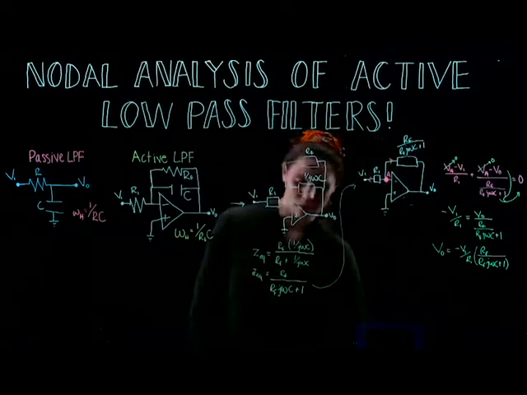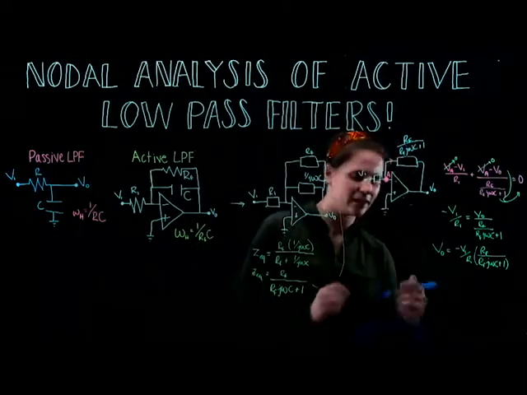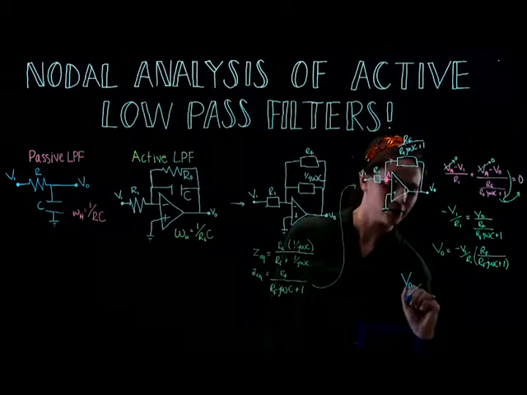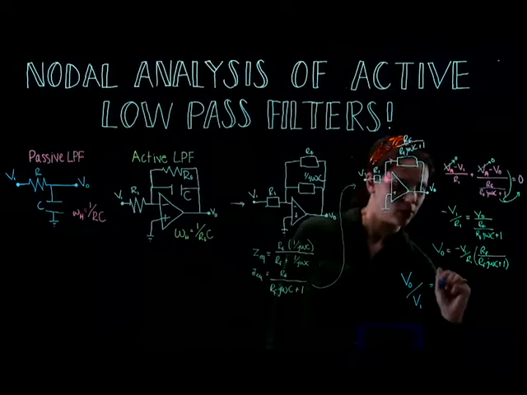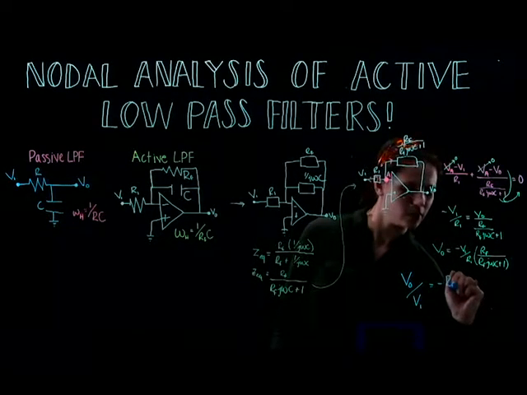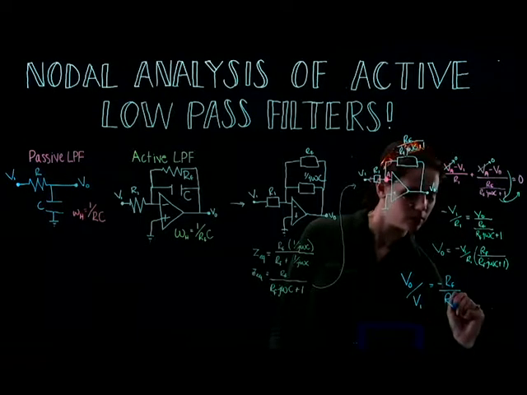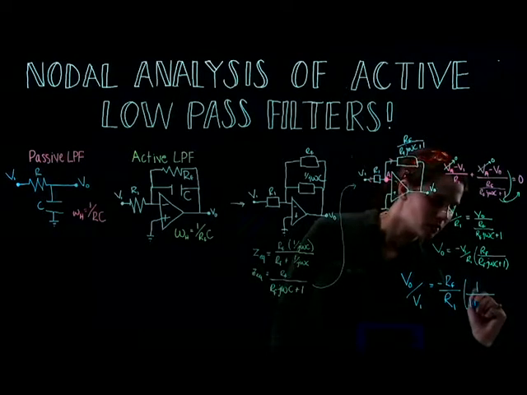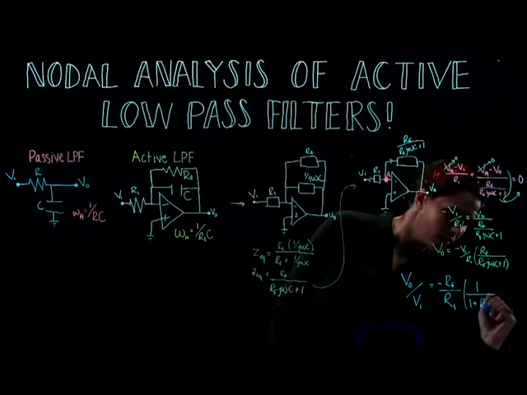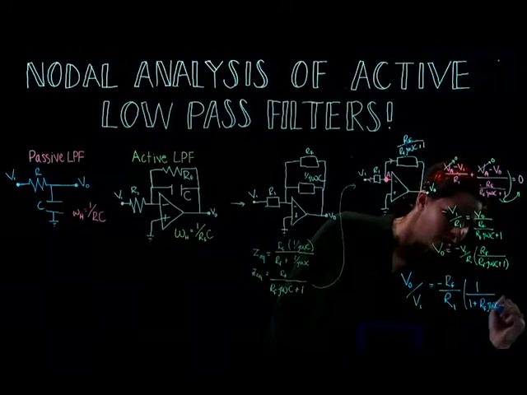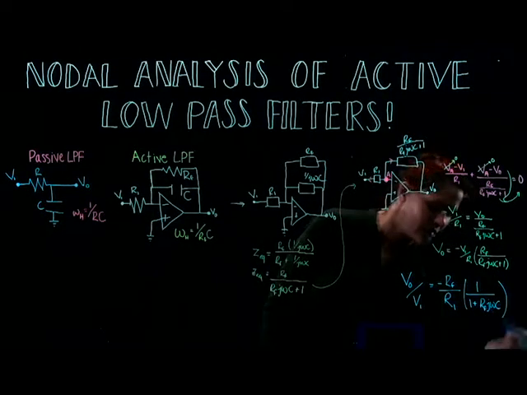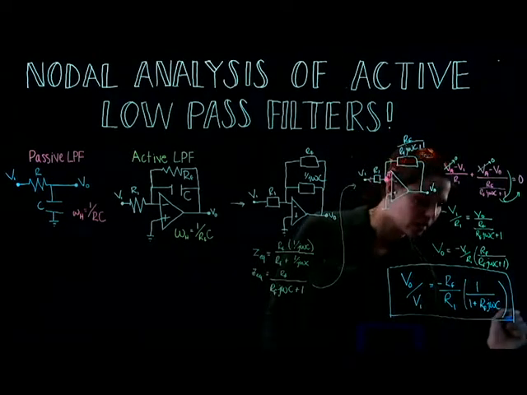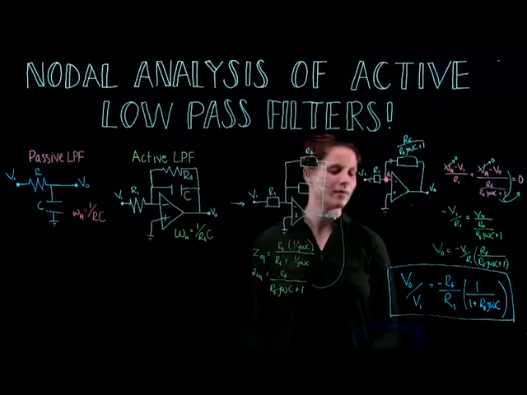So our gain, which I'm going to write in blue and write really big because this is our final answer, will be Vout over V1 equals negative RF over R1 times 1 over 1 plus RFJωC. And there we go. This is the gain of an active low-pass filter.